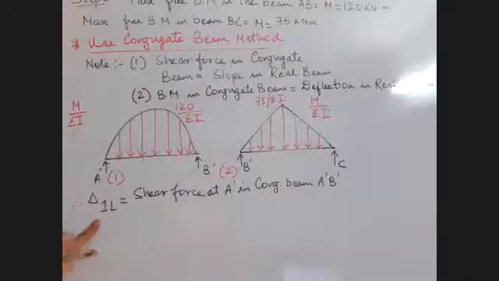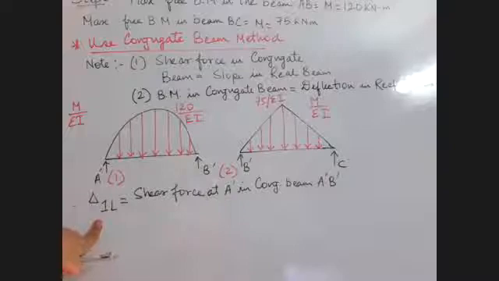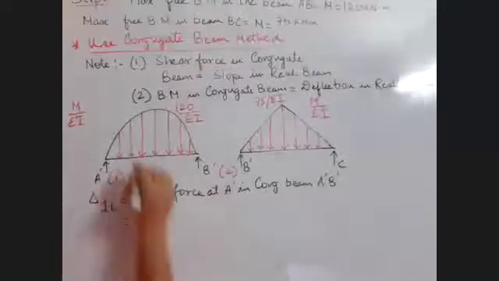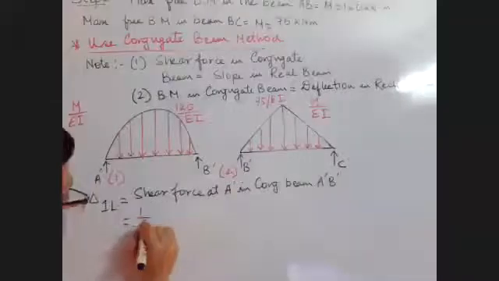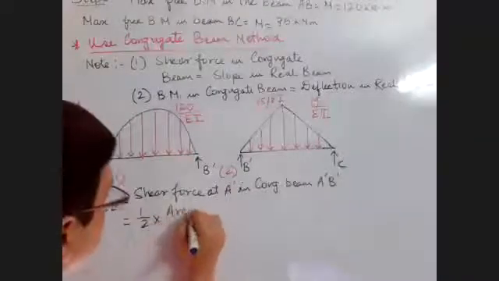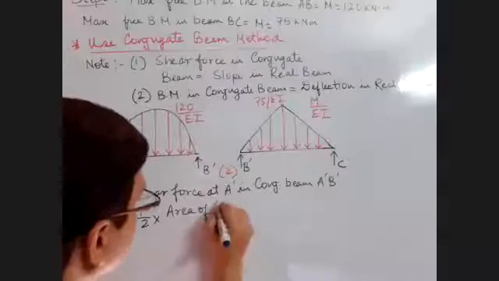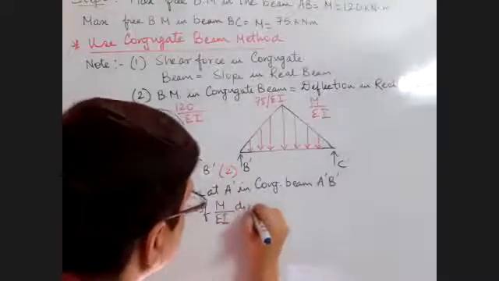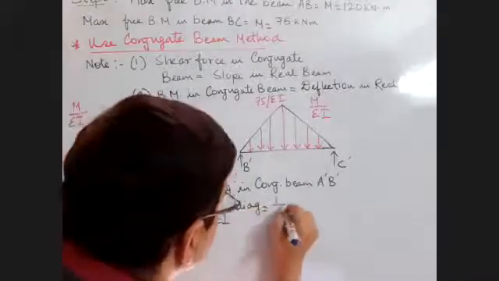That is the shear force at this point in the conjugate beam A dash B dash. The shear force will be what? Half of the area of the M by I diagram.